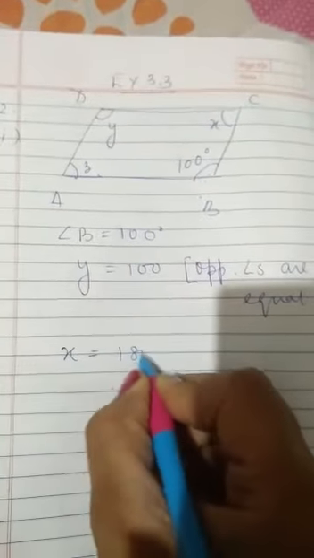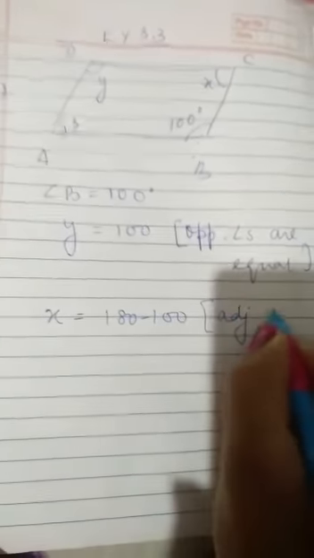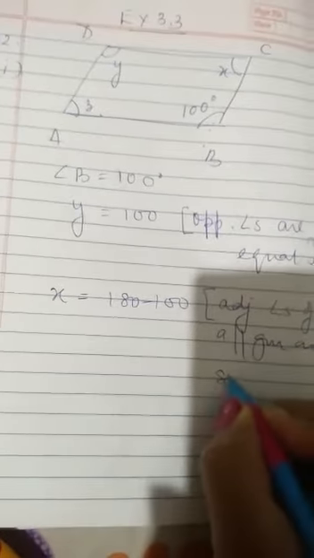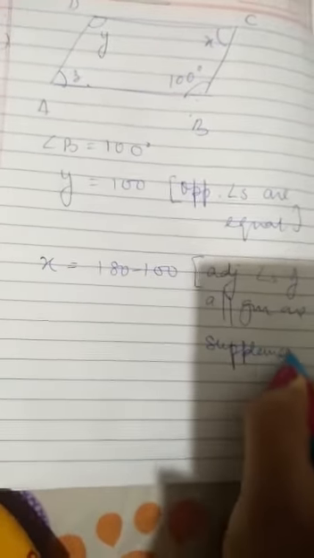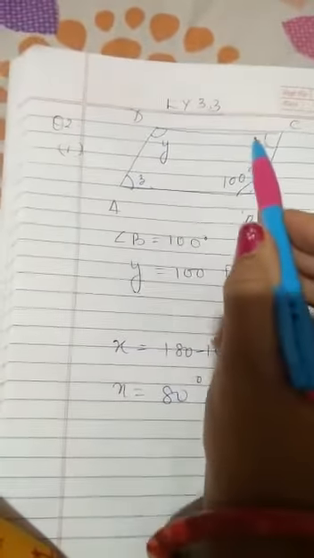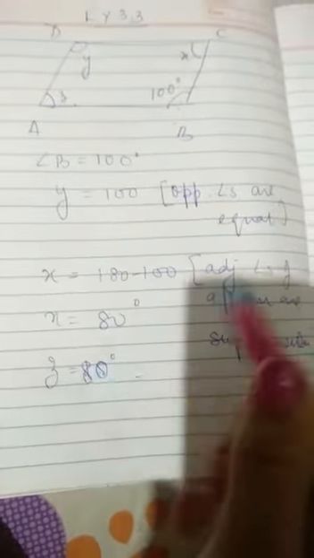Now x will be equal to 180 minus 100 because adjacent angles of a parallelogram are supplementary. So x will be equal to 80 degrees. And when x is 80 degrees, then z will also be equal to 80 degrees because z is the opposite angle. So thus we get x, y and z.